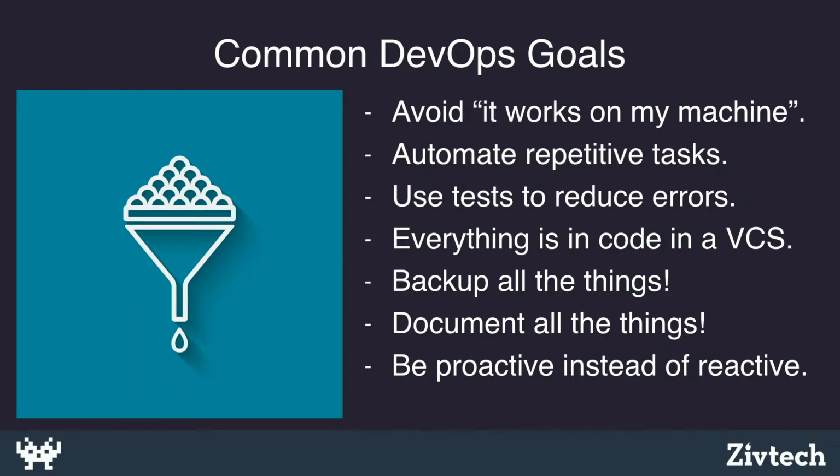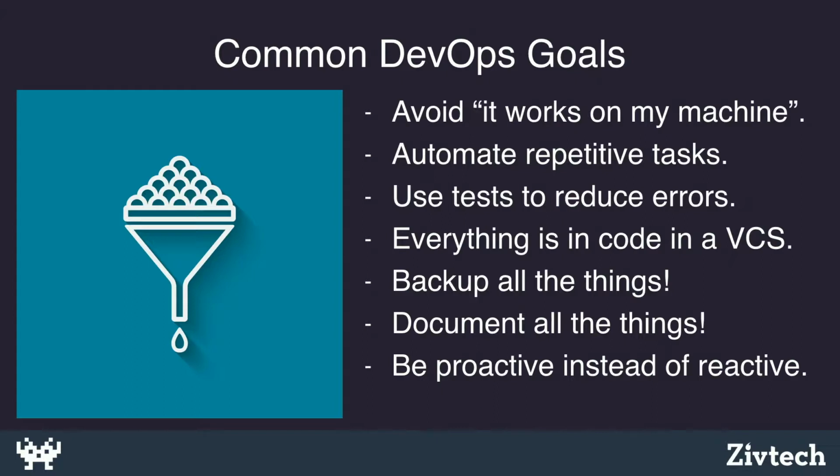We also want to automate repetitive tasks. Nobody wants to repeat the same code, so we make variables. Essentially, you want to do this in your workflow and replace things that you were repeating with some sort of automated process.